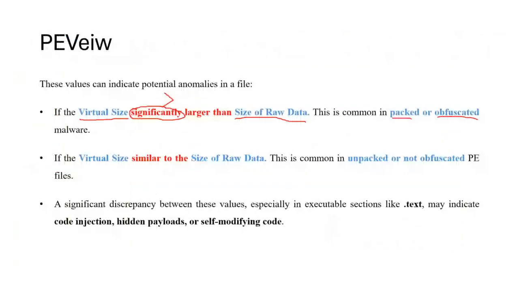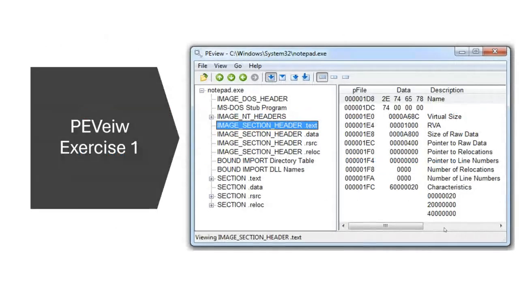Now we understand that if there are significant differences, or one is significantly larger than the other, it means something is hidden in it. Now we are going to see how we can calculate this. How do we know it's true? We have to calculate. This is an example I extracted from one of the files.